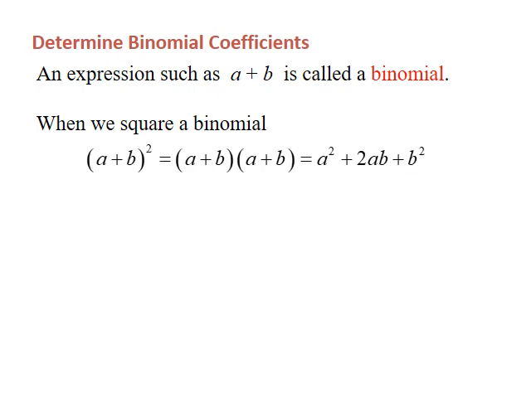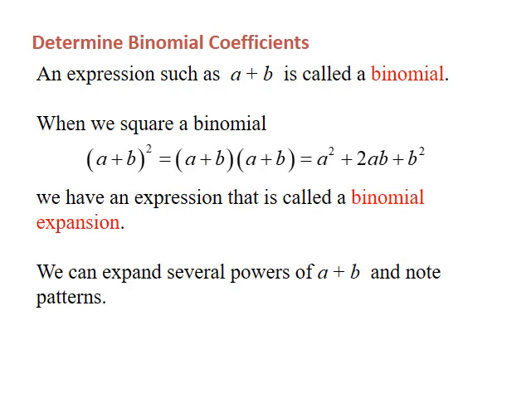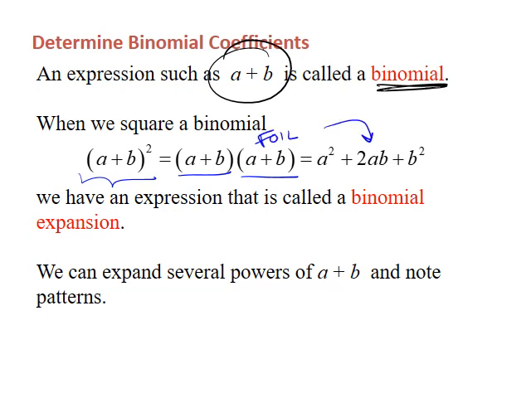A few things I want to remind you of is that a binomial is something with two terms, for example, a plus b. If we square this binomial, we know that we can write this as a plus b times itself, and then we would FOIL it out to get this.